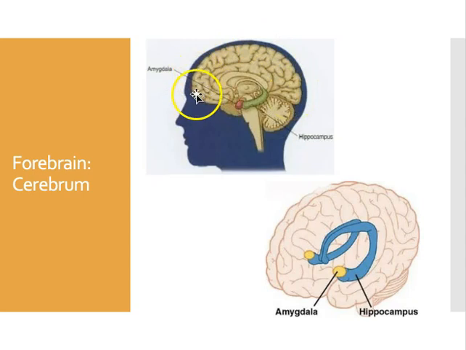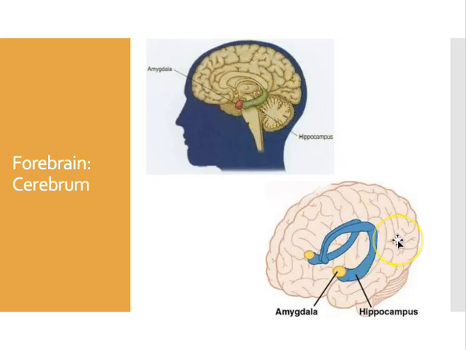You can see the cerebrum here drawn in a beige color. And then we've got the amygdala in red and the hippocampus in green. So you can see that the limbic system, at least the portion of it that belongs to the cerebrum, is located very deep into the brain.